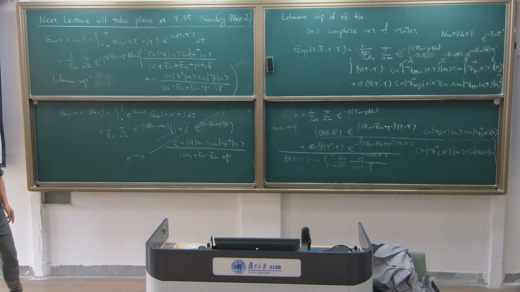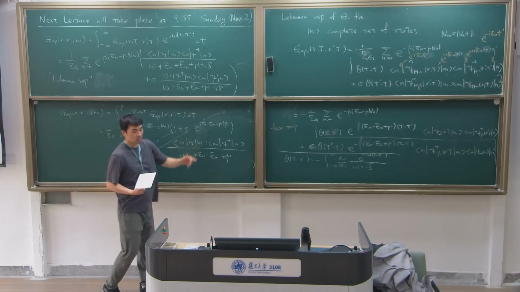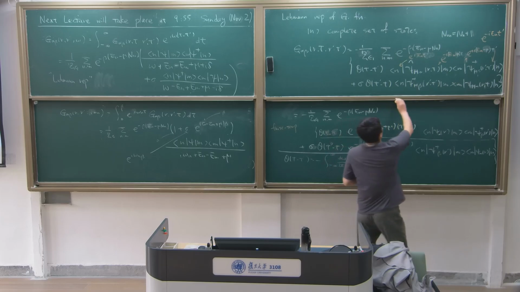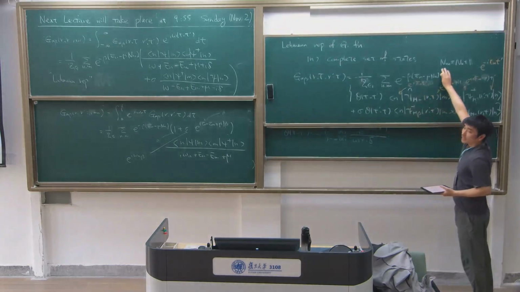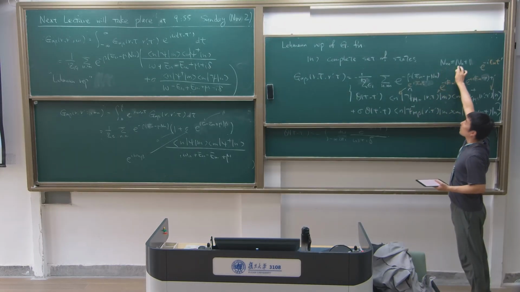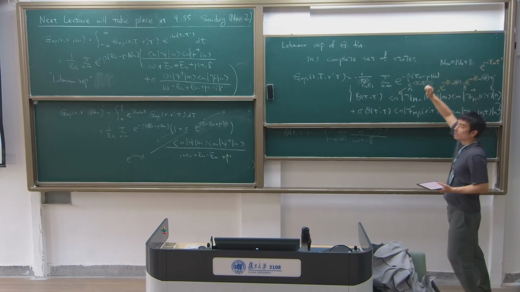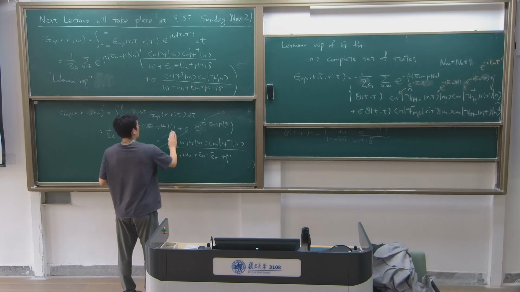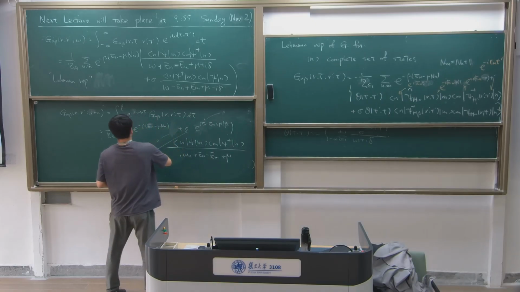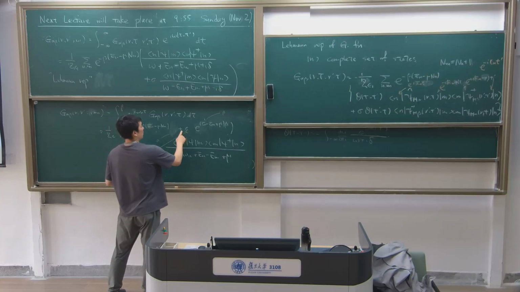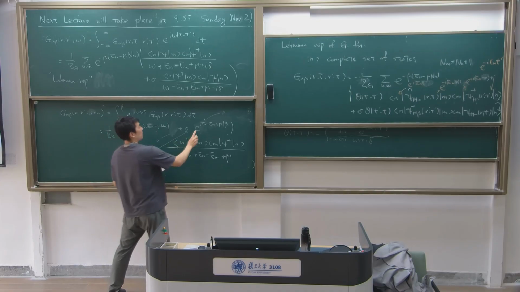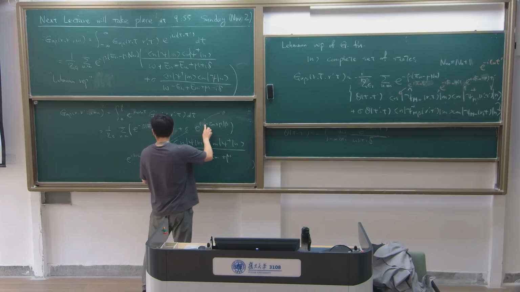And this one, if you use this relation, capital N m is equal to capital N n plus 1, this can be written as follows. So 1 times this, and plus sigma. Now E n will be gone.